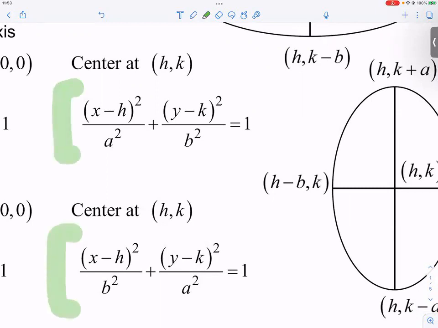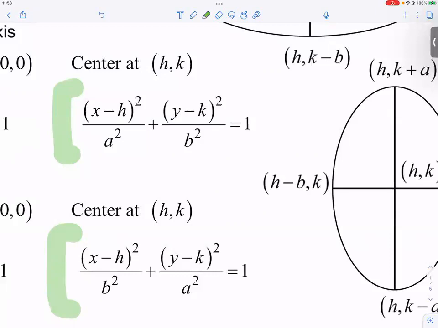But the first thing that I want to highlight here is to ask a very simple question. Can you see anything the same when compared to the circle equation? Everybody should see that, you see the parentheses, right?